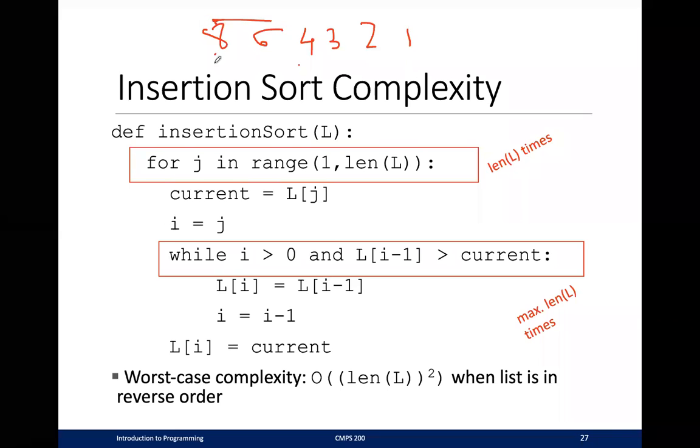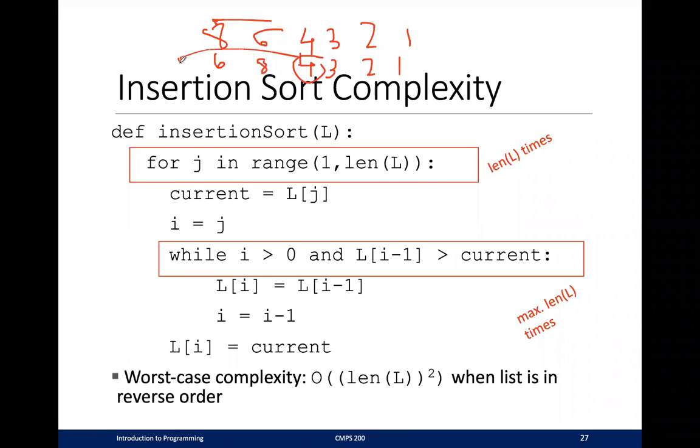So now I would have 6 and 8. And then 4, 3, 2, 1. And now when it comes to 4, I'll have to compare it to both 8 and 6, and push 6 and 8 and put 4 there. And then I have to do the same for 3. Compare to all 4, 8, and 6, and push all of them and put 3. Okay, so that's really the worst case.